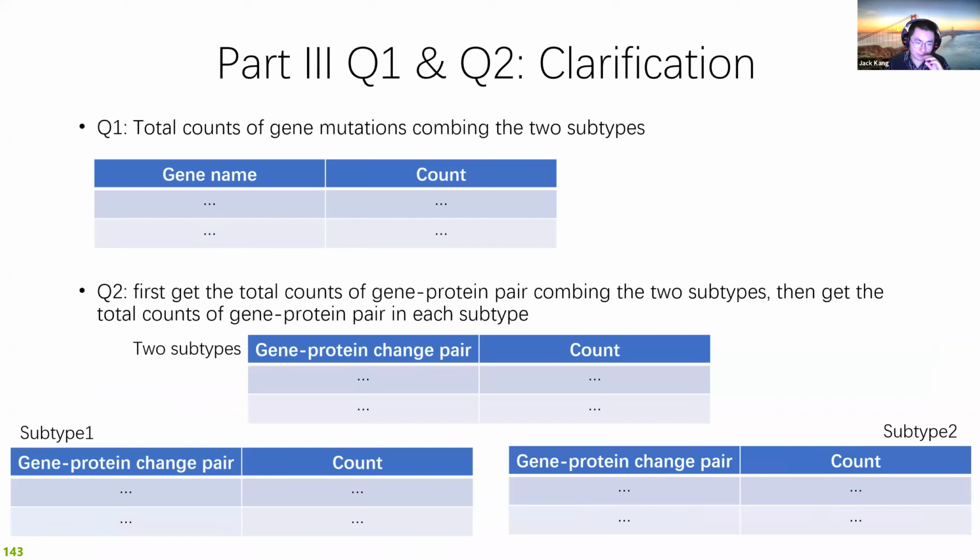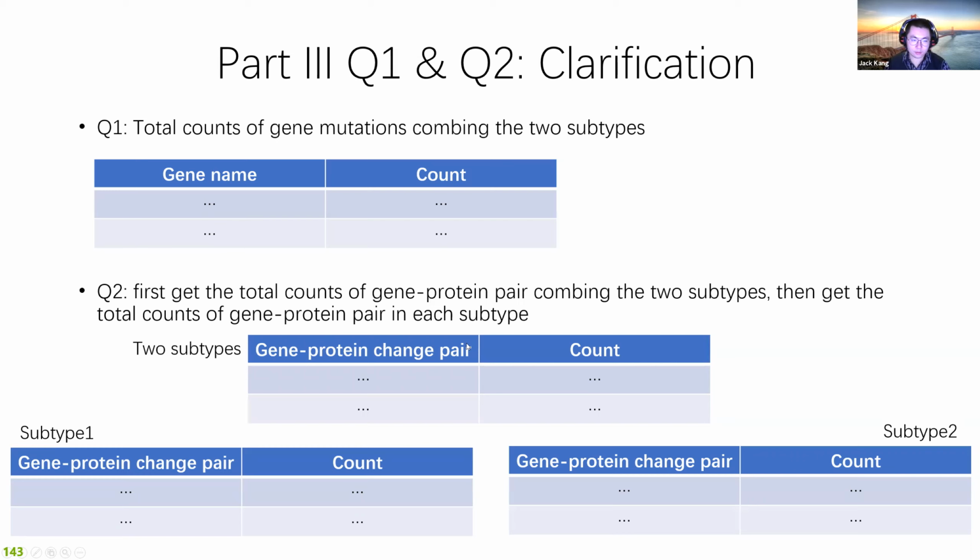And this is just a clarification on question 1 and question 2, because the result it asks for is not really clear. So for question 1, you need to print out the table of total counts of just gene mutations combining the two subtypes. So it's a table with gene name and the count.